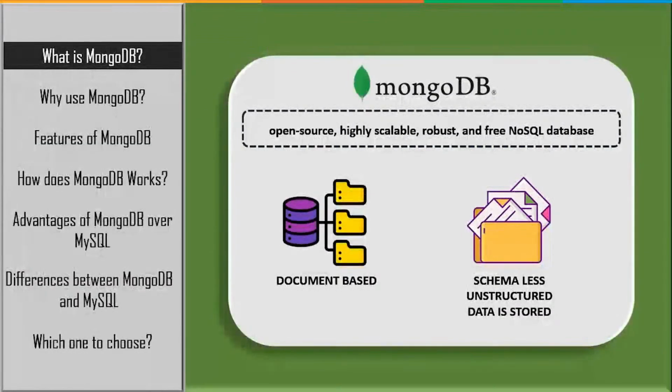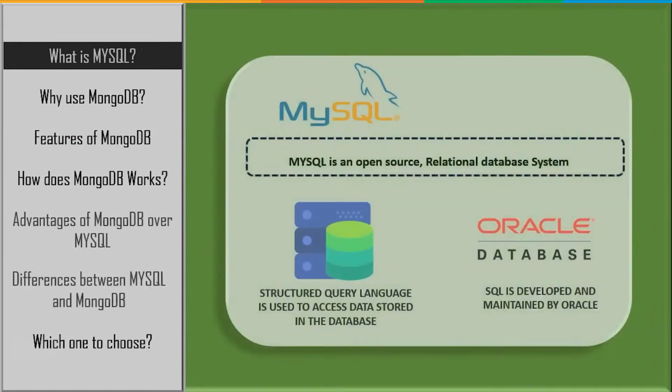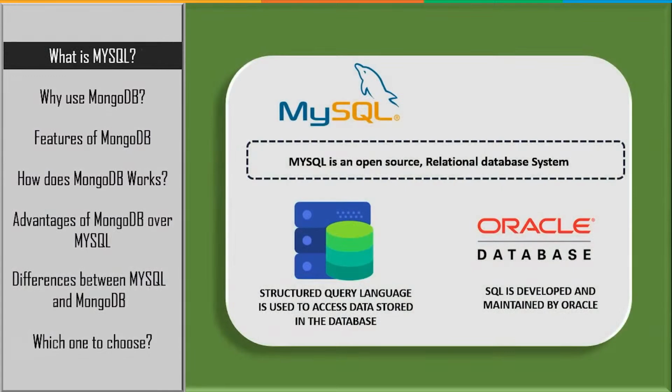So that was about MongoDB, guys. So let us now understand what is MySQL. As you all know, MySQL is a popular open source relational database management system which is developed, distributed, and supported by Oracle Corporation. Like any other relational database system, MySQL stores data in tables and uses structured query language, or SQL, for database access.